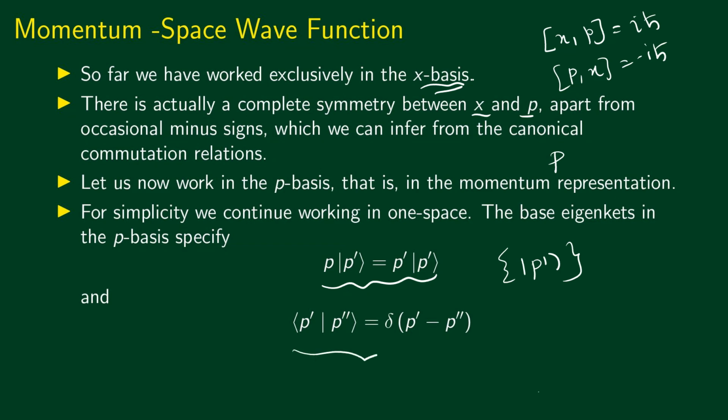The orthonormality relation is given in terms of the Dirac delta function: bra p prime, ket p double prime is delta of p prime minus p double prime. This is how we write the orthonormality relation in the case of a continuous spectrum of eigenvalues, or a continuous basis. If it's a discrete basis, we use the Kronecker delta, and if it's a continuous basis, we use the Dirac delta.